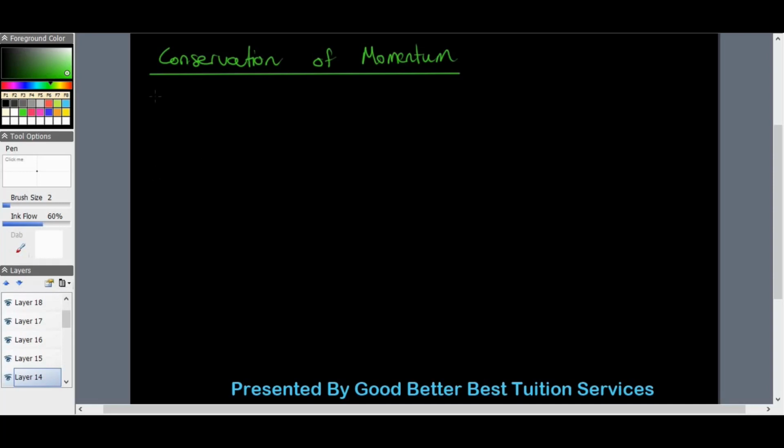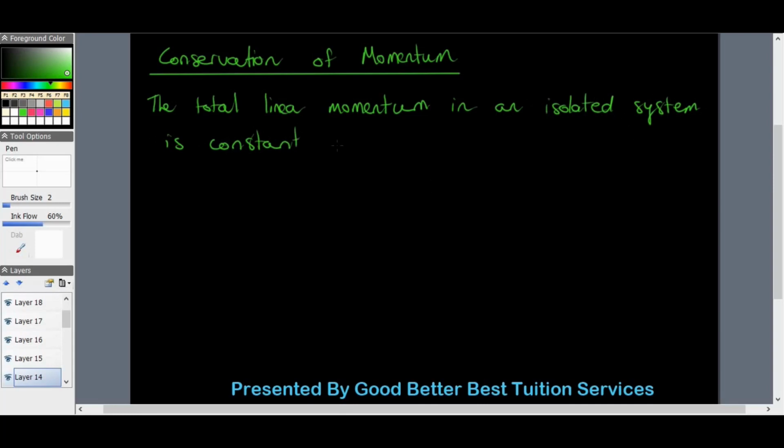And that law states that the total linear momentum in an isolated system, which we'll explain the term of that a little bit later, an isolated system is constant, but constant in magnitude or size and direction.